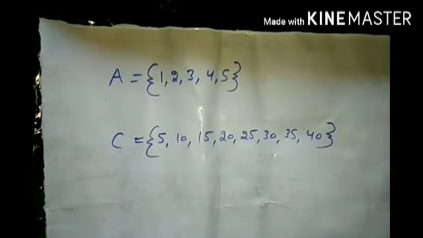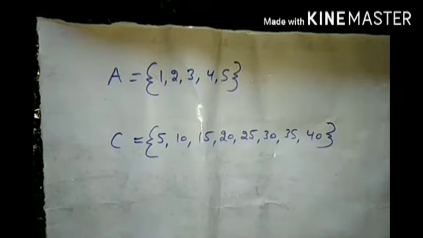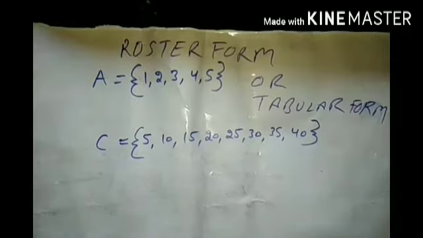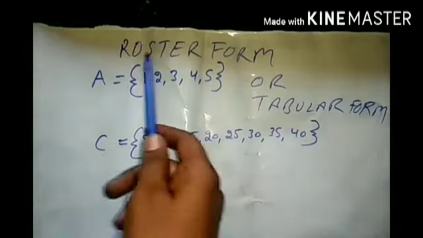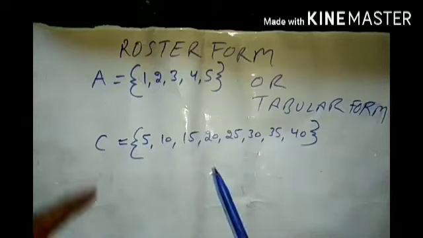As per the direction, we write the actual members in the set and separate them by commas. That form is called the roster form or the tabular form. This is the very first form of the set that you should remember.